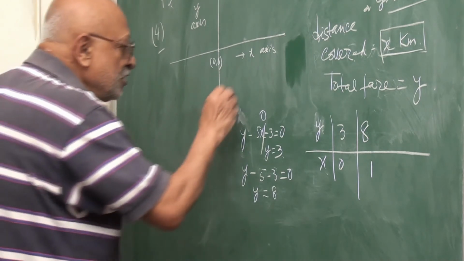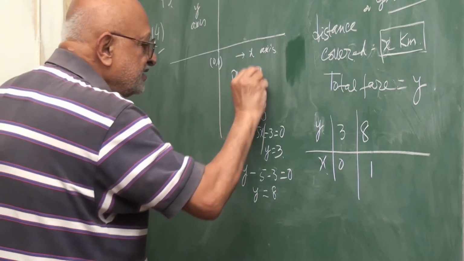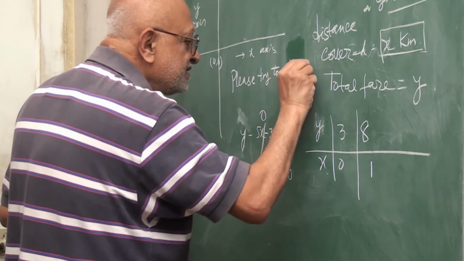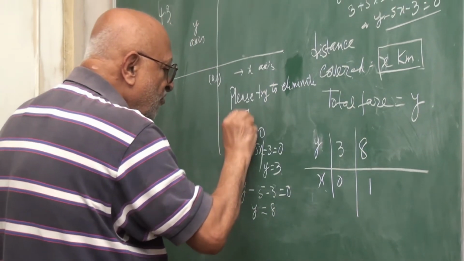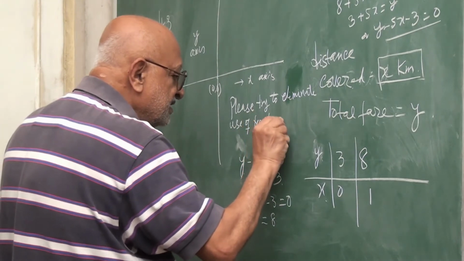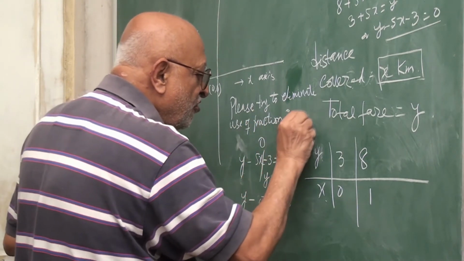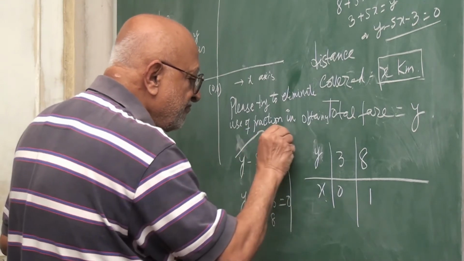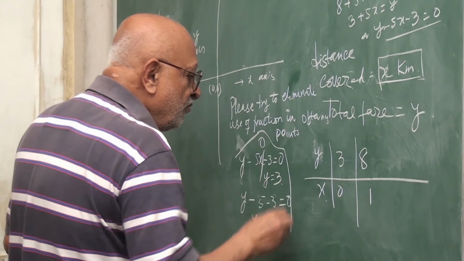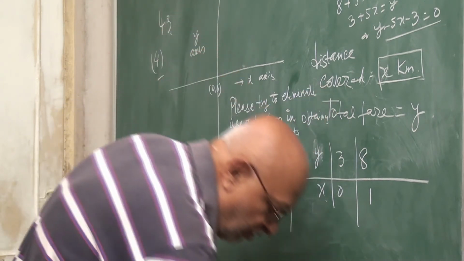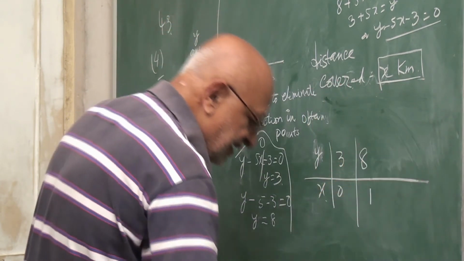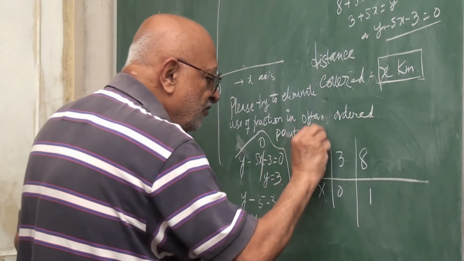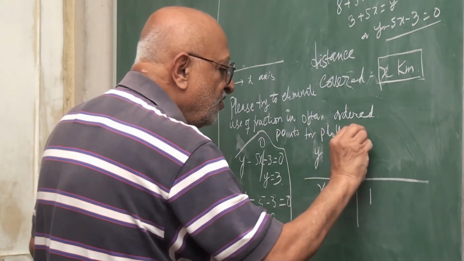Please try to eliminate the use of fractions in obtaining ordered points for plotting on graphs.